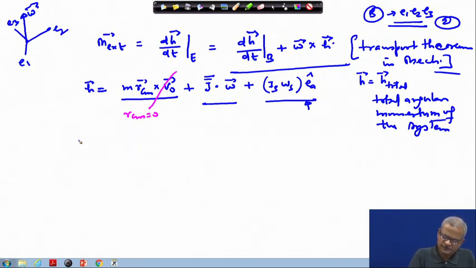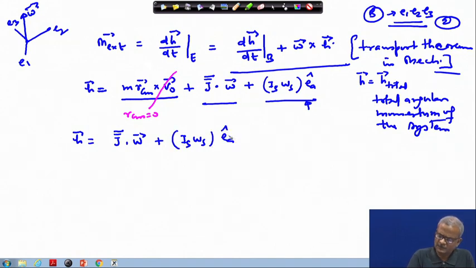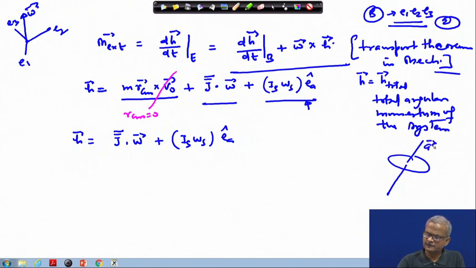Okay, so our H then gets reduced to Ea cap, where Ea cap is nothing but the unit vector along the axis of the gyrostat, this rotational wheel, the wheel which is rotating.